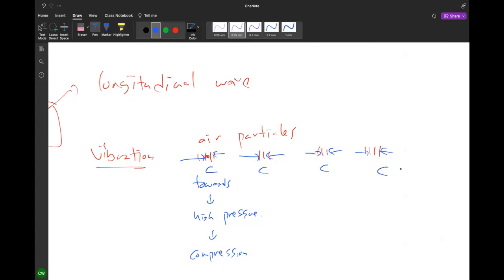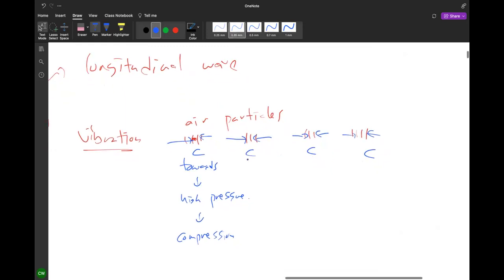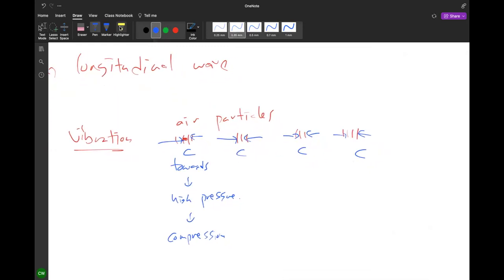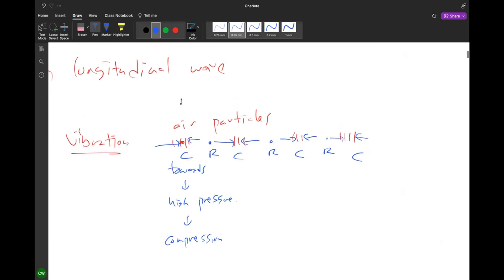And then in between the compressions, there is another region called the rarefaction. Compression to compression is one wavelength. Rarefaction to rarefaction is also one wavelength.